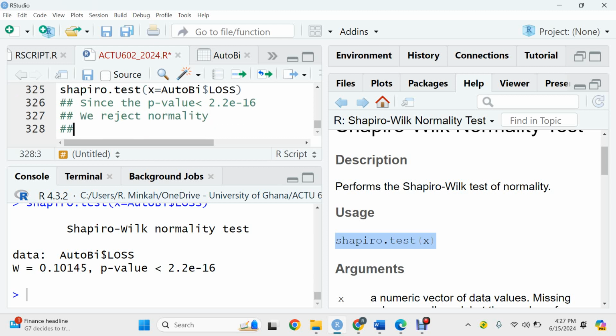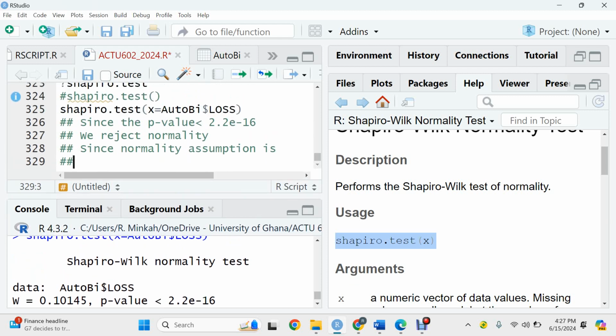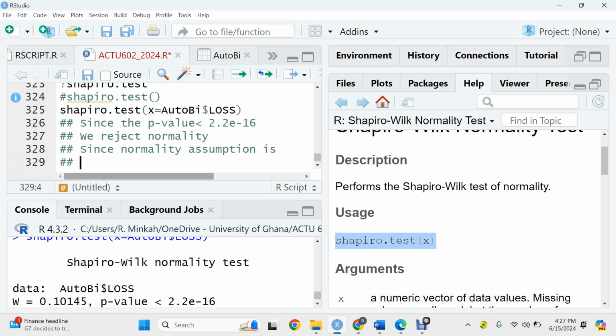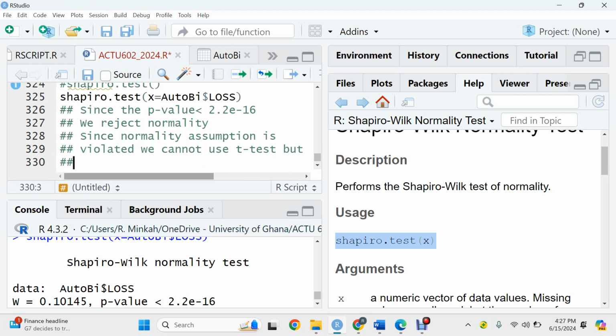Okay. Then I'm going to comment that since the normality assumption is violated, I'll make this available to you. So since the normality assumption is violated, we cannot use the t-test, but rather a non-parametric version.